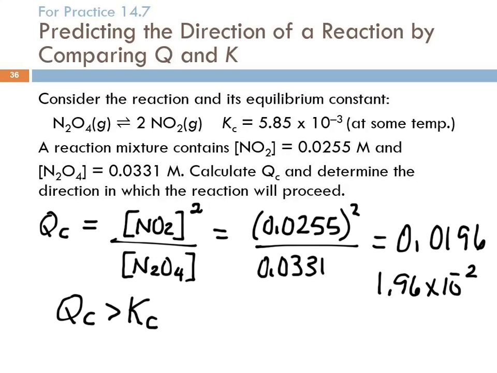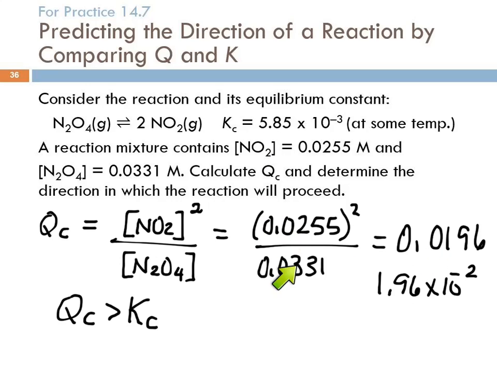So you can memorize that summary on the previous slide, or you can think about it. So these concentrations are going to change until this expression is equal to this. This number is smaller than this number.